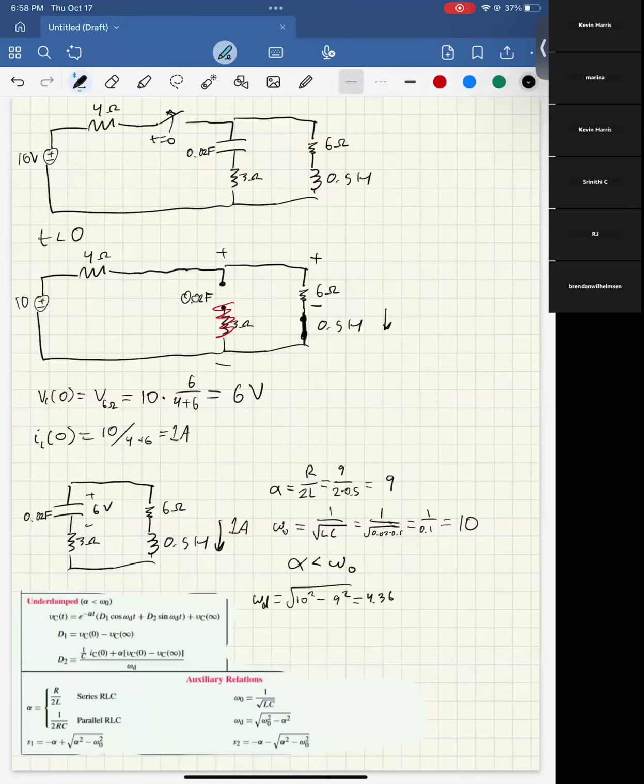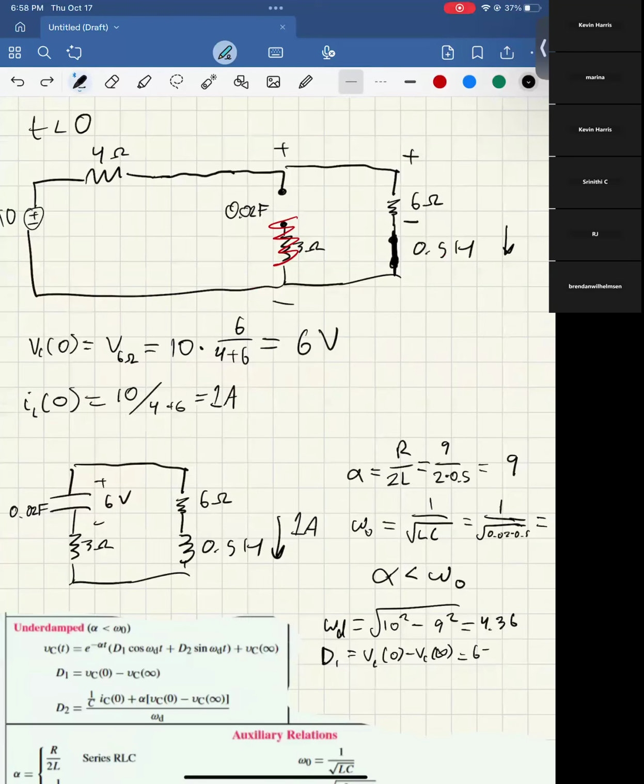And then we also want to find our D1 and our D2. D1 is simply VC of 0 minus VC of infinity. As we found earlier, VC of 0 is 6. If your circuit has a power source in it, your VC of infinity could be an actual number.